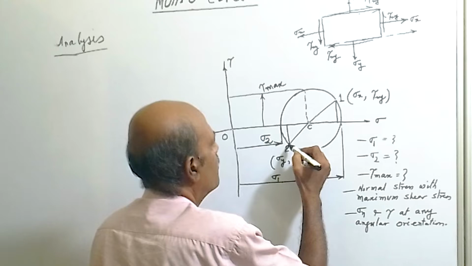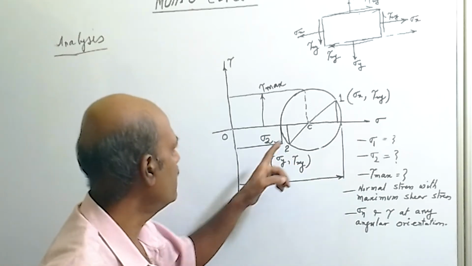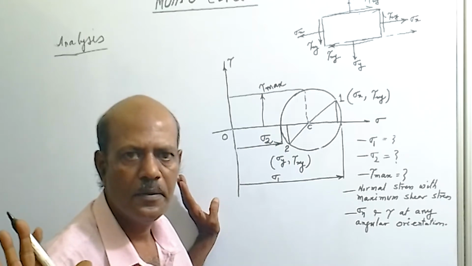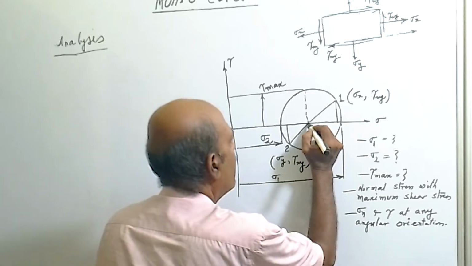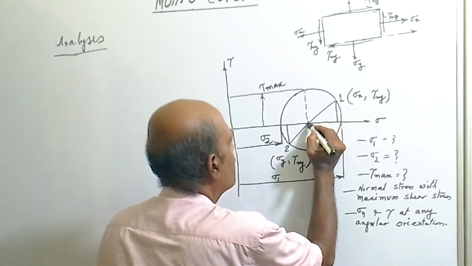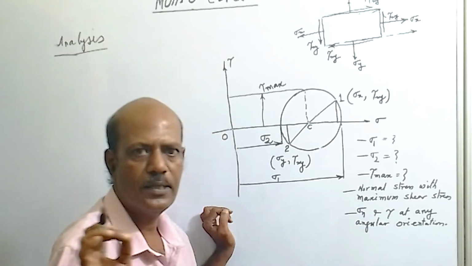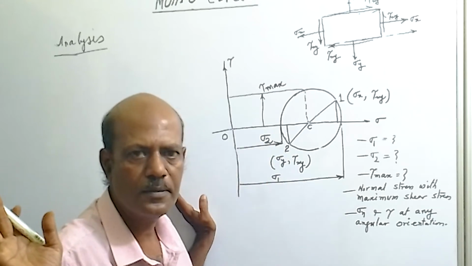So point 1 and 2 if we join, so it will intersect at point C, and the C will be the center of Mohr circle. By taking this one as center and C1 or C2 as radius, draw the Mohr circle. So we have drawn the Mohr circle.